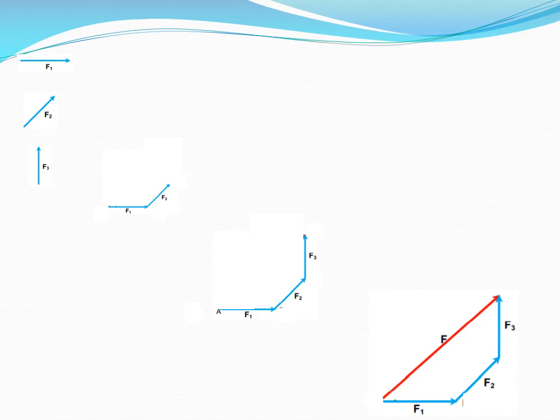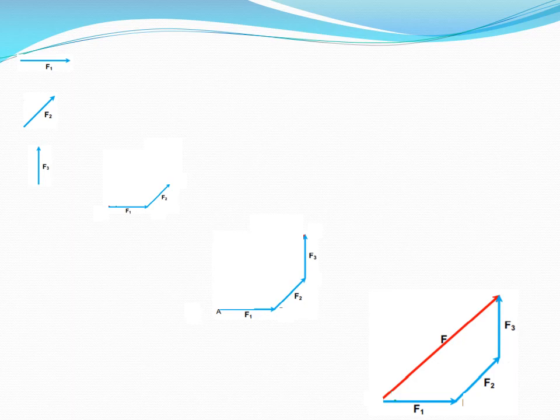In this picture you see F1 is plotted, and F2 is attached to the head of F1. Similarly, in the next figure F3 is drawn from the head of F2.